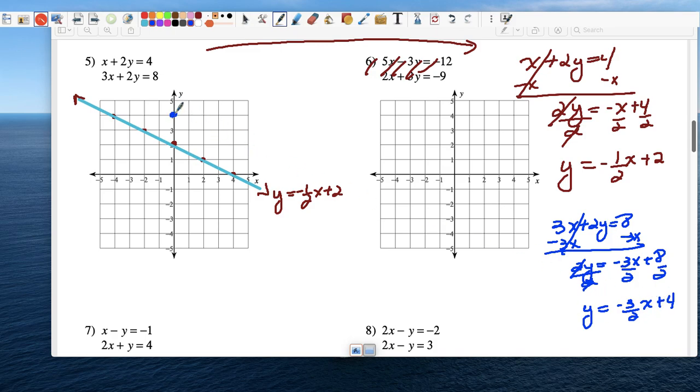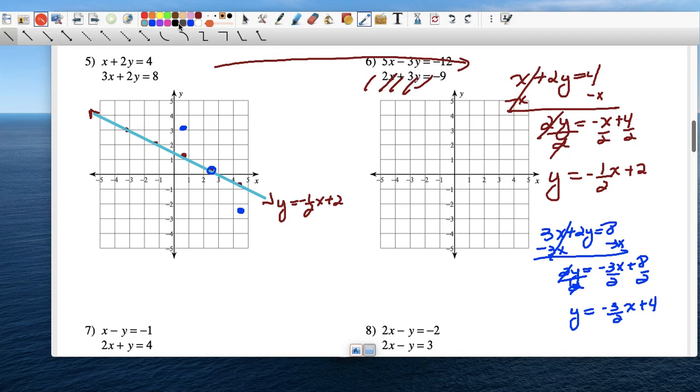The y-intercept is 4, and it's another slope that goes down, right? Because it's negative. So 3, 1, 2, 3, and 2 to the right. So I'm going to circle because already we can tell that that's their point of intersection. So let me finish that line first. So that line is a line that comes like this.